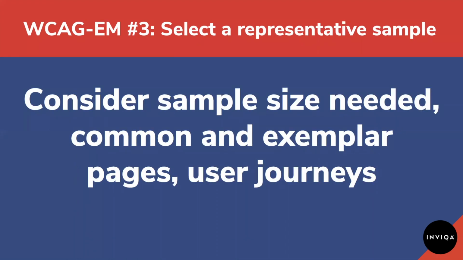Number 3. Here, you need to think about what pages to check, because not all of them are created equal from the accessibility perspective. Most likely you have common and popular pages, and you have pages that are less used.